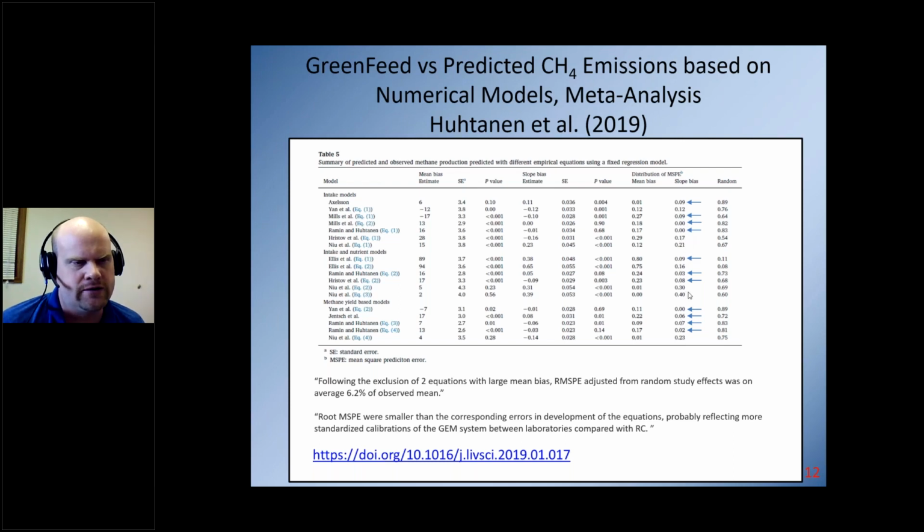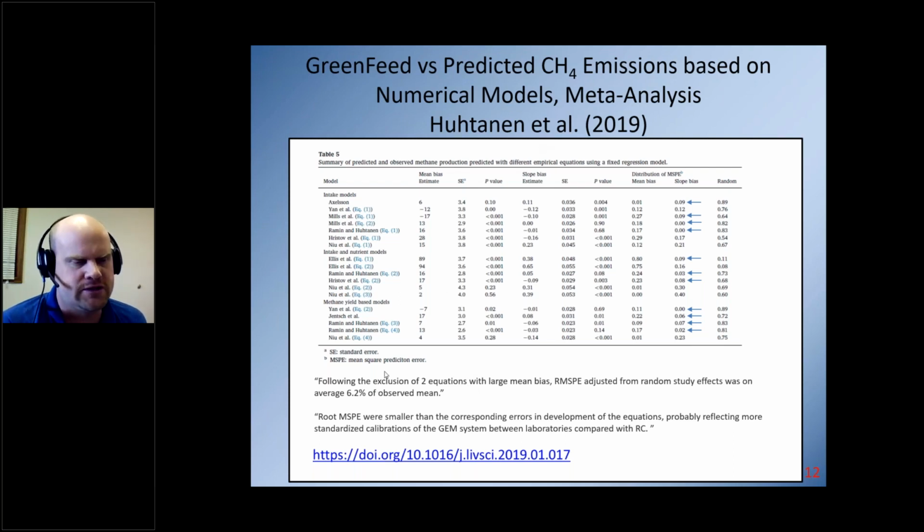There's a few outliers, and since GreenFeed produced minimal slope bias for many of the models and there's a few outliers, we might guess that that's differences with the model rather than agreement with the model between other models. So in summary, there was an average of about 6% RMSE error of GreenFeed versus the observed model result.